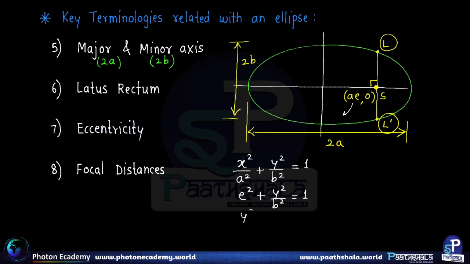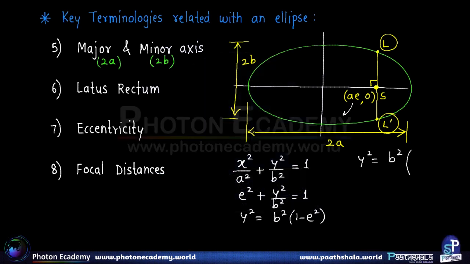So we get y square is equal to b square into 1 minus e square, and from the derivation we know that 1 minus e square can be written as b square upon a square. That is what we had assumed as b square while deriving the equation of the ellipse. So we get b raised to 4 upon a square as y square.